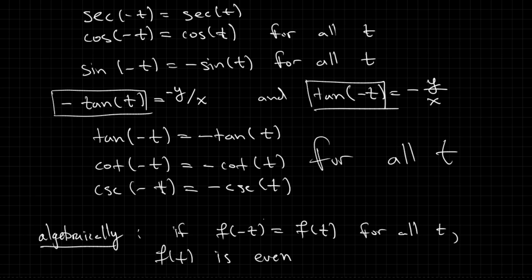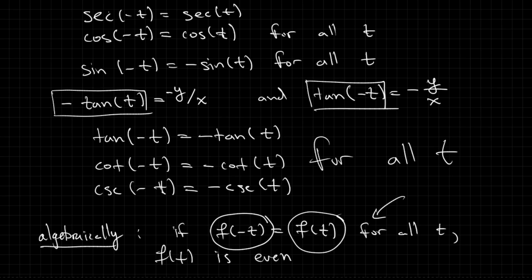Now, via transformations, the left-hand side represents a reflection about the y-axis, and the right-hand side represents the original function. So this is saying that the reflection about the y-axis is the same as the original function, which is how even and odd functions are typically introduced.